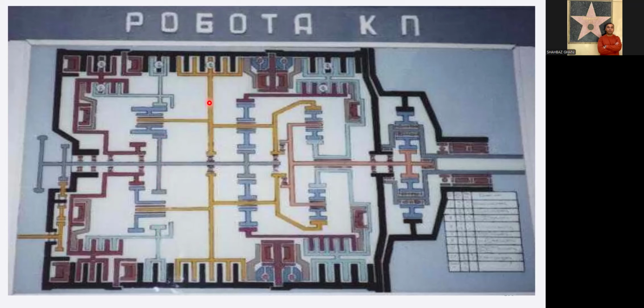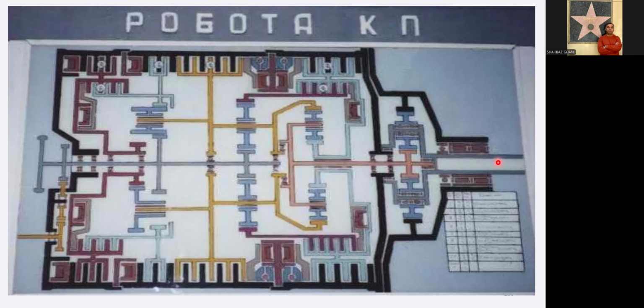Then we have this complex carrier here, then another planetary gear set, and another. So we have almost five planetary gear sets here, and these are the different clutches used in this transmission. Then it goes to the final drive, and from the final drive the power goes to the sprockets which move the tank.